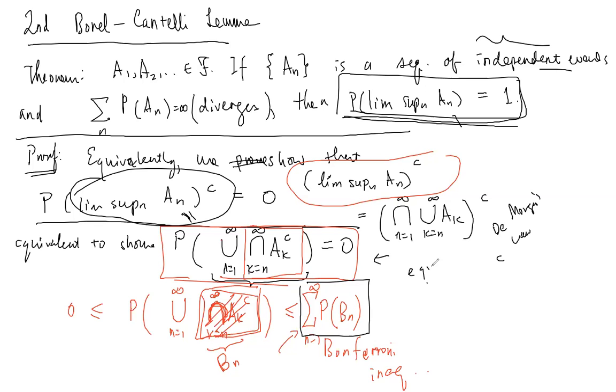Equivalently, to show that this is equal to 0, what do we show here? Show the summation of the probability of B_n is equal to 0. Yeah, that's right.